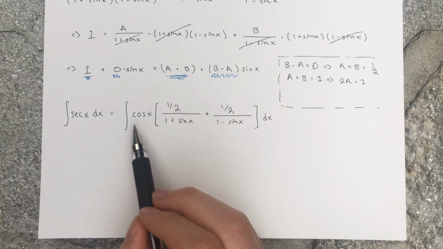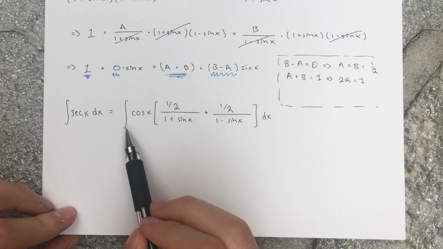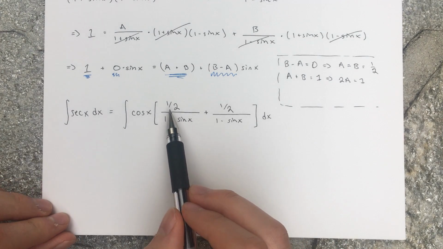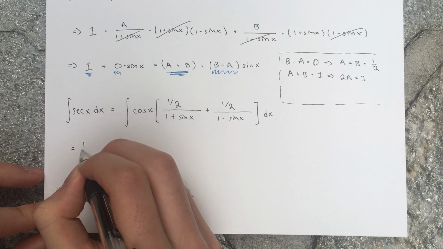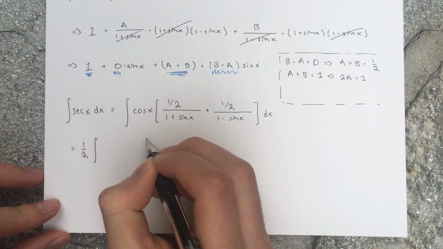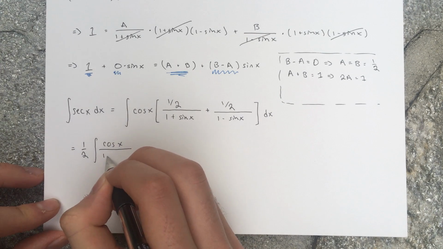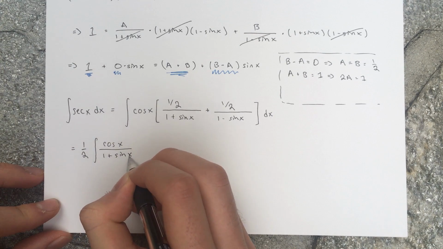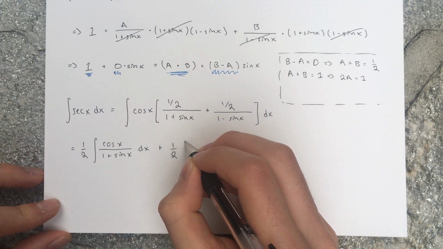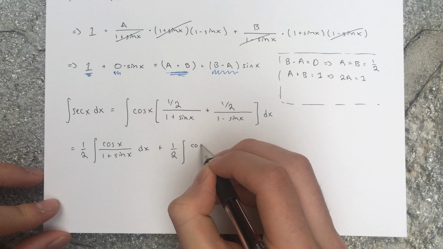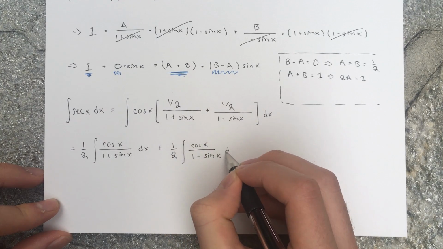And since the integral operation is a linear operation, we can split this up into two integrals, and I'm going to pull out the 1/2. So that is going to give us 1/2 integral of cosine x over 1 plus sine x dx plus 1/2 integral of cosine x over 1 minus sine x dx.